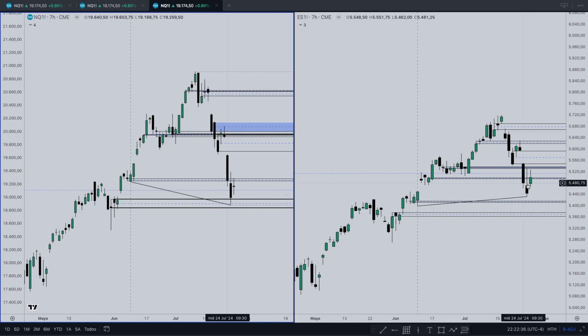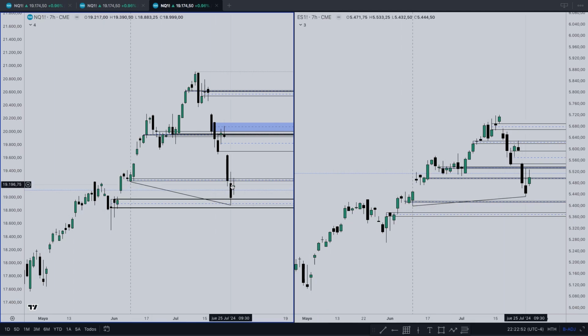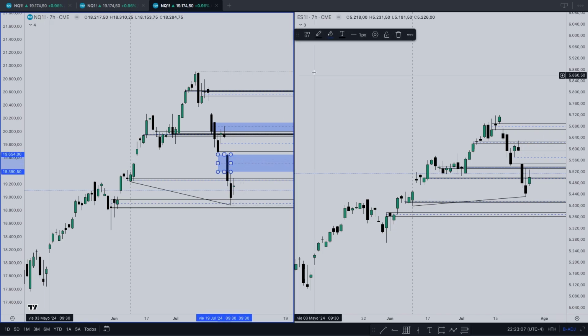Do you see how this was taken on Nasdaq and on ES? We didn't take this low right here. So ideally we should move on to this range right here, to come back and rebalance this inefficiency right here.